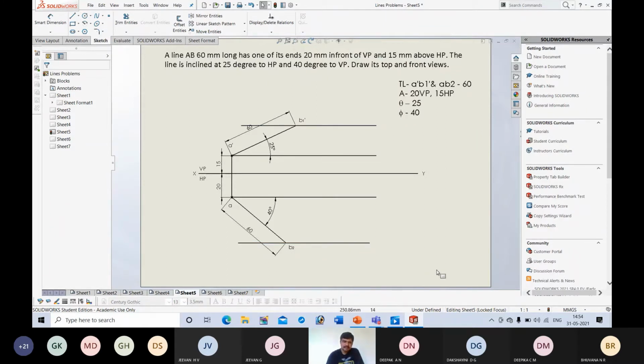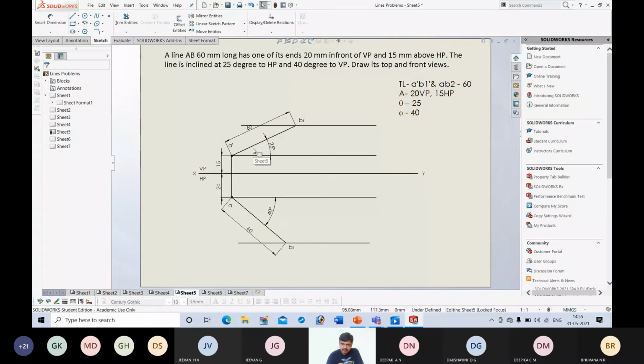Now, based on the given data, I was able to locate A and B, sorry, locate A in front view and in top view. That means with respect to VP and HP. So I was able to locate point A. After that, I draw the locus of A on both sides.